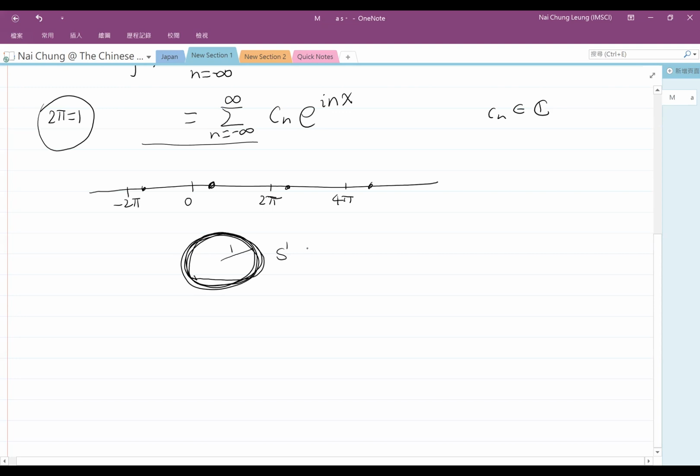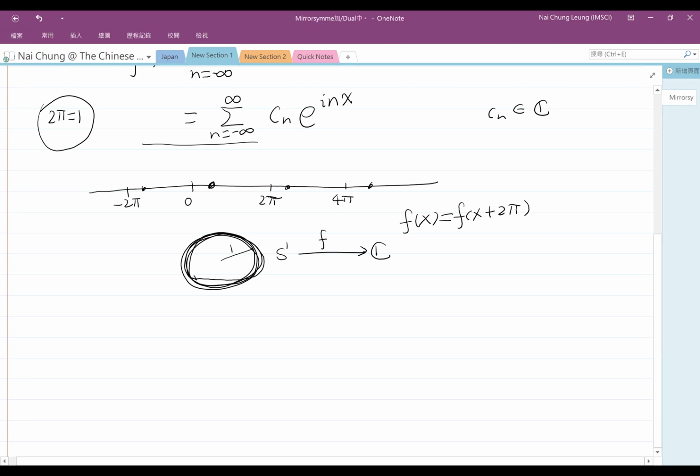You have this very long rope, and you keep wrapping it together. This property that f(x) equals f(x plus 2 pi) is exactly the same as saying that this is a map from the circle to C.